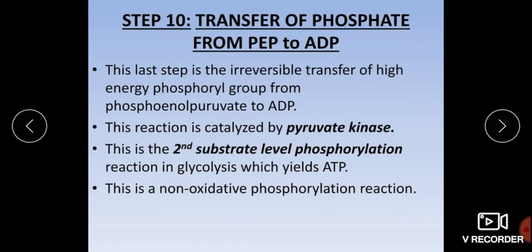Then step 10, transfer of phosphate from phosphoenol pyruvate to ADP. This is the last step and it is irreversible. Here the phosphate group from phosphoenol pyruvate is transferred to ADP, and ADP gets converted into ATP. This is a phosphorylation reaction catalyzed by the enzyme pyruvate kinase, and this is the second substrate level phosphorylation, and here is the actual yield of ATP molecules, and this is a non-oxidative phosphorylation reaction.